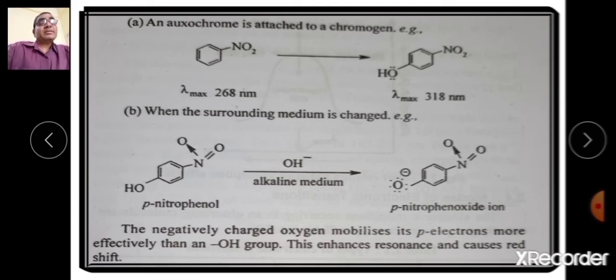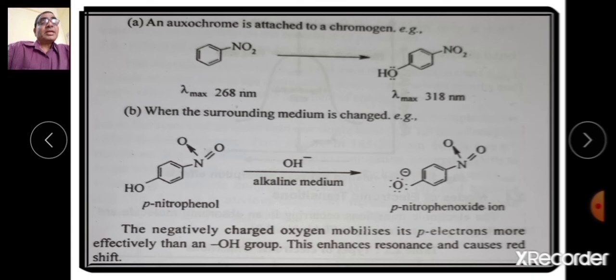Also when the surrounding medium is changed, in the case of p-nitrophenol, when it is in the alkaline medium, the lone pairs are utilized, and thus the p-nitrophenoxide ion absorbs the longer wavelength.